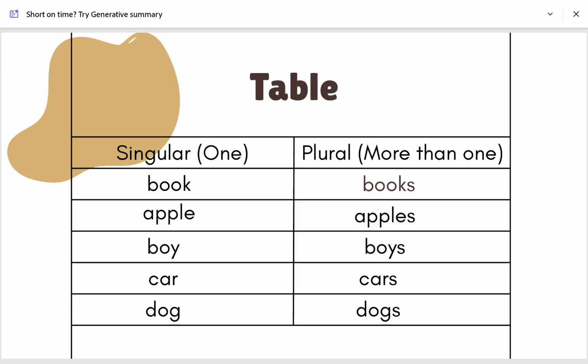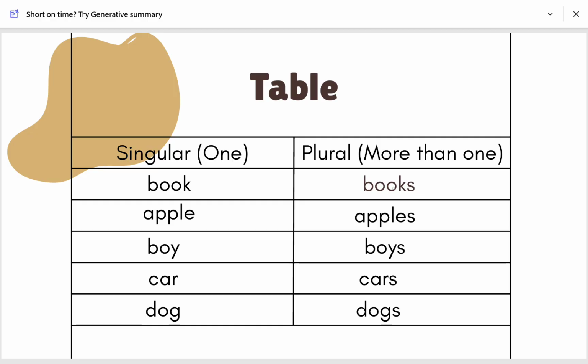There are some examples of singular nouns: book, apple, boy, car, dog. And there are some examples of plural nouns, that are more than one noun. So we are saying books, apples, boys, cars, and dogs.